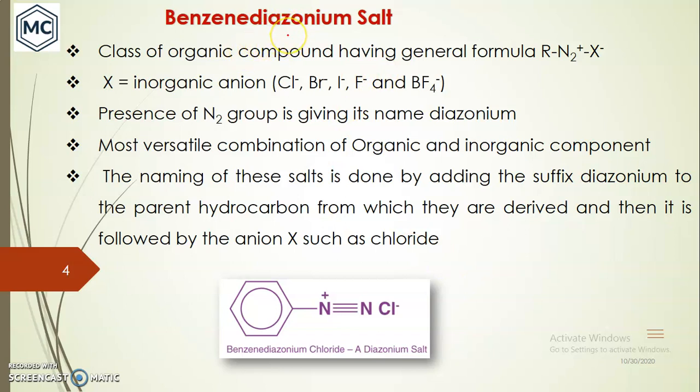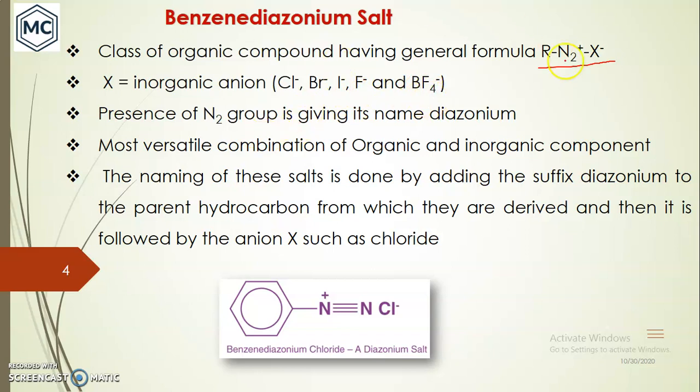Coming to benzenediazonium salt, it's a class of organic compound having the general formula RN2+ X-. X- is an inorganic anion, usually Cl-, Br-, I- or BF4-.